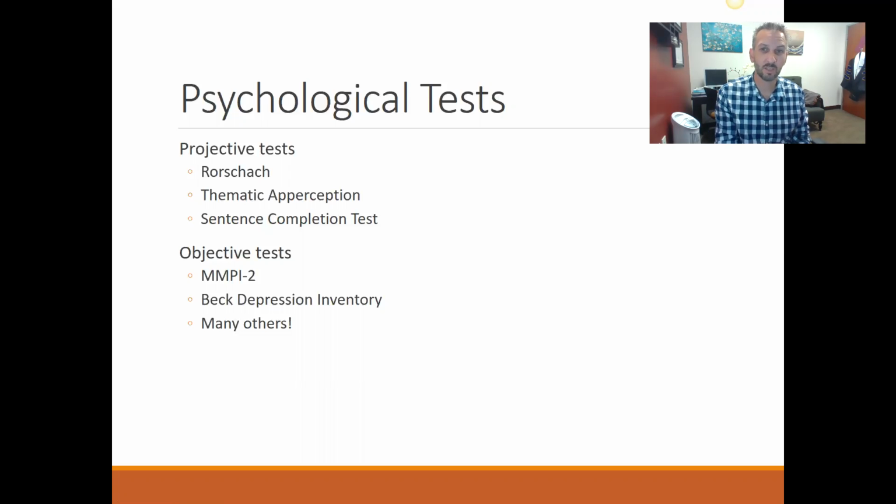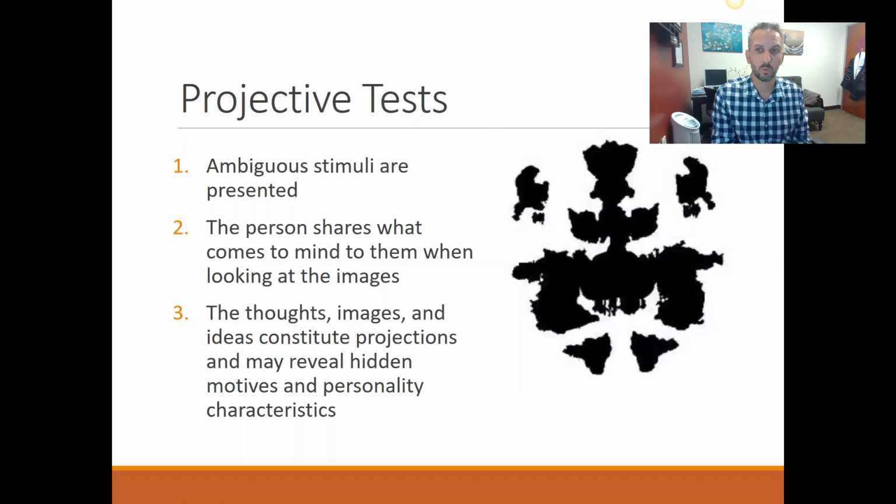But the first grouping, the projective tests, what you do here is you present the person with some sort of ambiguous stimuli. So here you have an ink blot. This is from the Rorschach. And for the Rorschach, you actually ask them, what might this be? And the person shares what comes to mind when looking at the images.